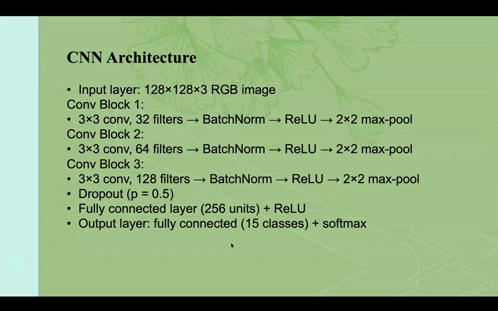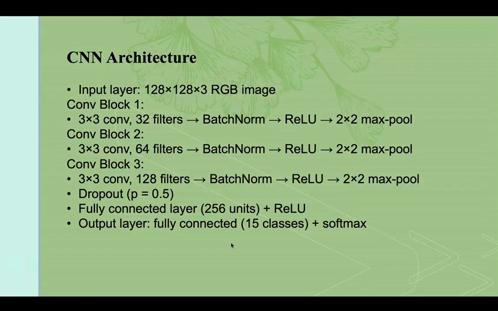Now, this is the architecture we designed. It has three main convolution blocks. Block 1 has 32 filters of 3 by 3, batch normalization, ReLU, and max pooling.